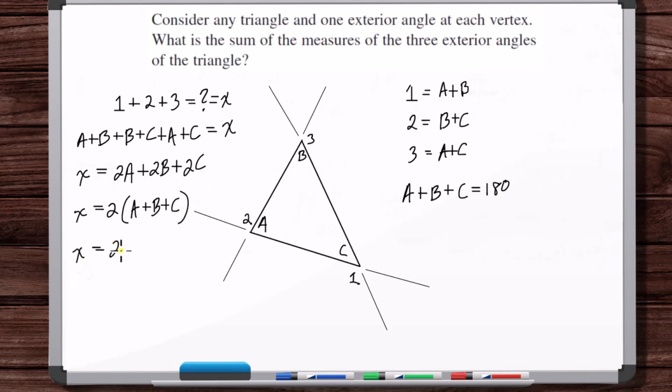Let's substitute that in. Okay, 2 times 180 is 360. There we go. And that's completely general. We just randomly picked any exterior angles at each vertex. So we just proved that the sum of the measures of any three exterior angles of a triangle, as long as each of the ones you pick are at their own vertex, is 360.